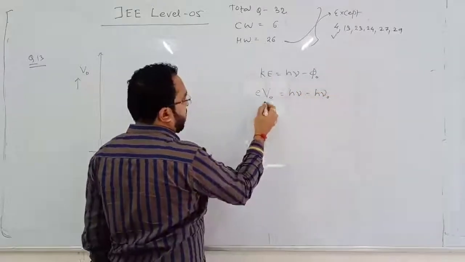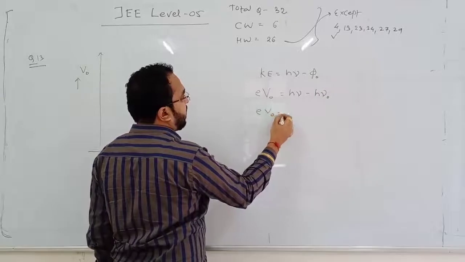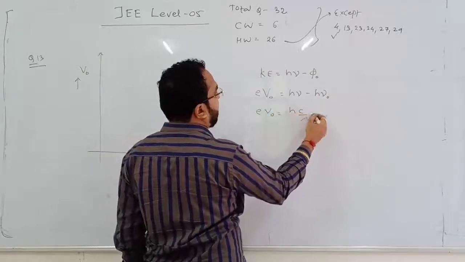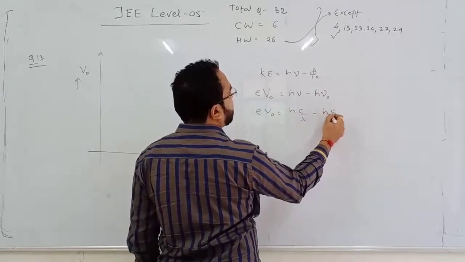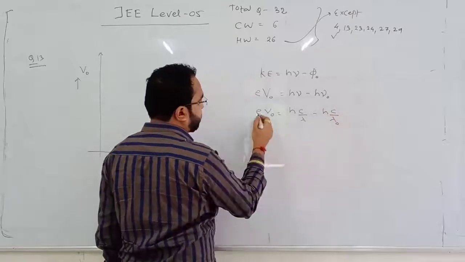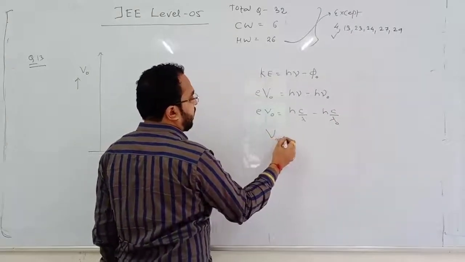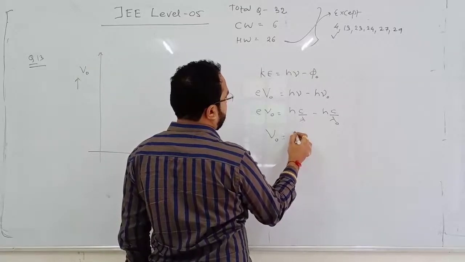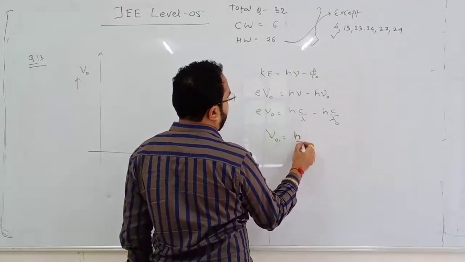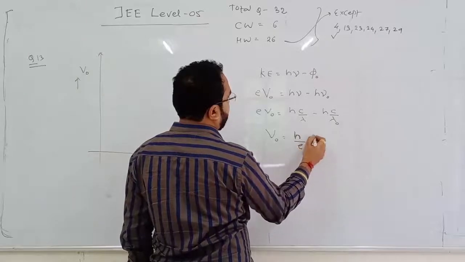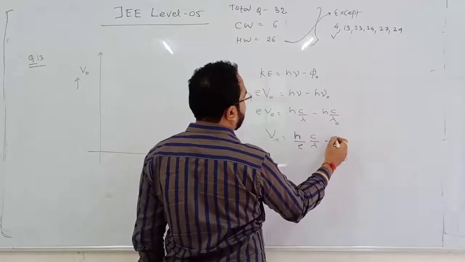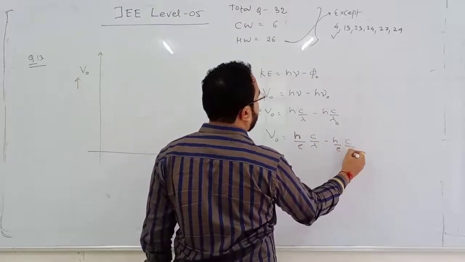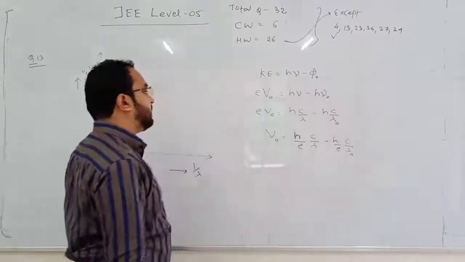This further becomes hc upon lambda minus hc upon lambda naught. After dividing by e, V naught is equal to h upon e c upon lambda minus h upon e c upon lambda naught. So this is the Einstein's equation.